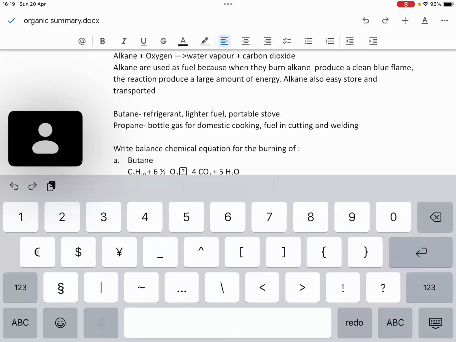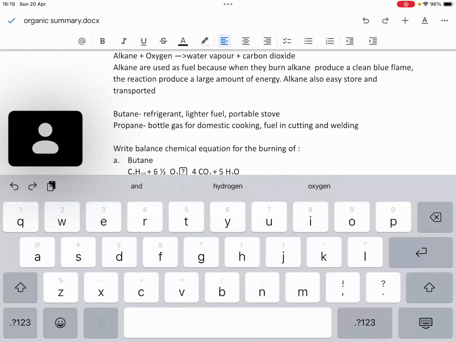So butane is a refrigerant, right? Butane is used as a refrigerant. It's also used as a lighter fuel, and it is used as fuel in portable stoves. Then we have propane. Propane is bottled gas for domestic purposes, and it's used for fuel in cutting and welding.